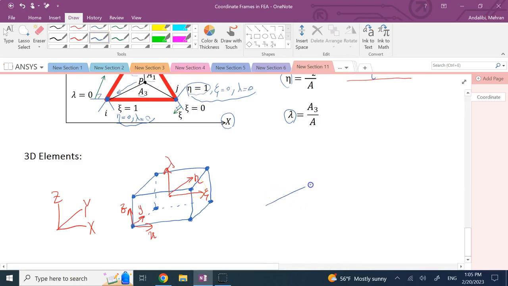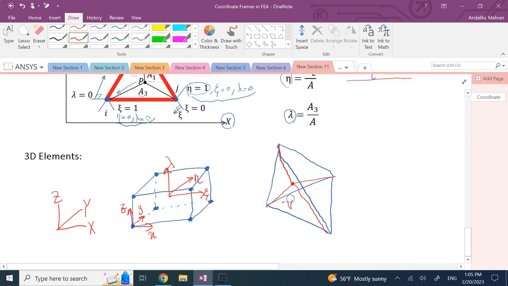Okay, so if you have a hex element or cube element, that might look like this. And if you have a tetrahedron, which is a triangle with three other triangles on the top, you consider a point here somewhere. Again, you connect this point to all of the vertices, and this gives you 4 smaller tetrahedrons.